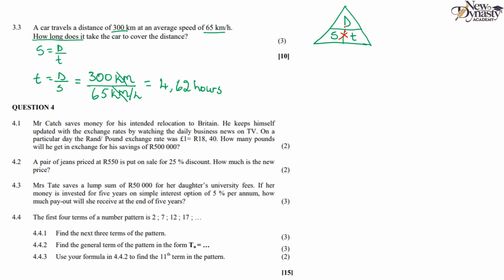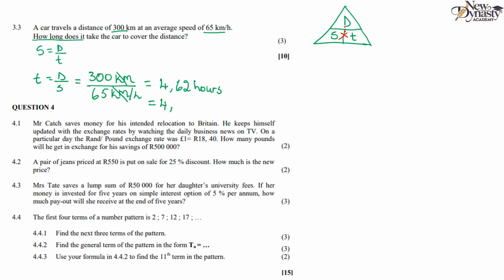But now, what if the question said give your answer in hours and minutes? Here I've just written 4,62 hours. So if you're asked to give your answer in hours and minutes, you're going to have 4 whole hours, as you can see here, but we've got some minutes here, or 0,62 hours. So what do you do here? You take your 0,62, you multiply it by 60, that is converting these hours to minutes.